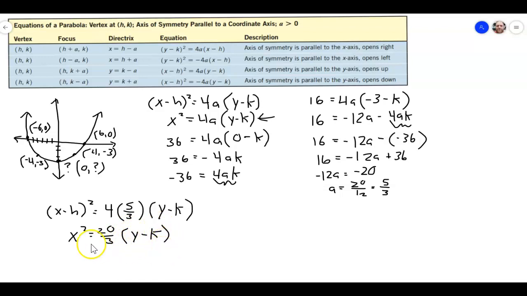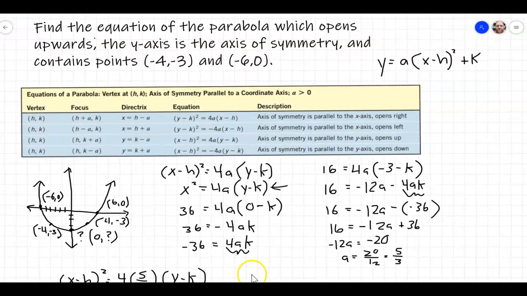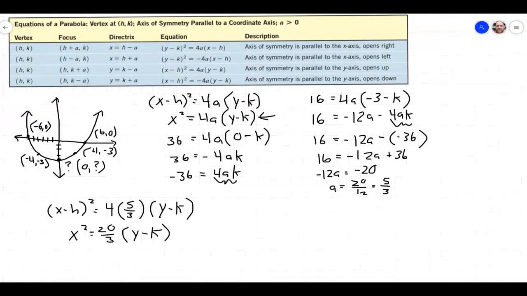Once again, I'm going to put a point in there. I'm going to go ahead and put the one that has a 0 in it. So I'm going to put the 6, 0 or negative 6, 0, but I'll do 6, 0. So if we put 6, 0 in there, I'm going to get 36 is equal to 20 over 3 times 0 minus k, right?